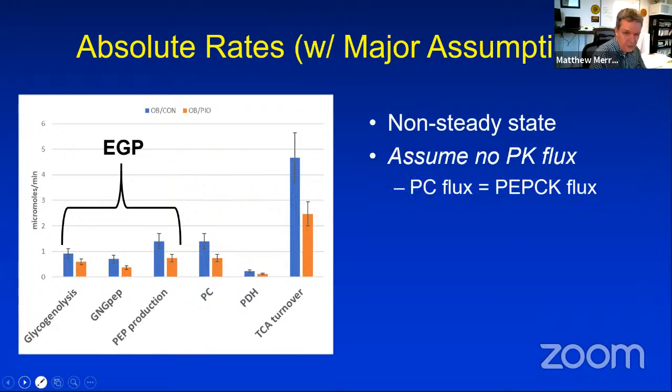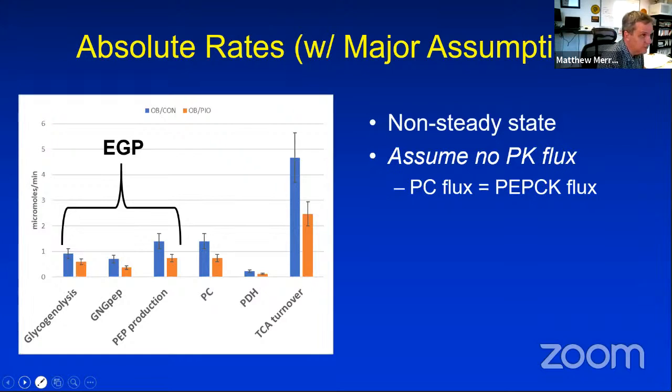So I'm going to assume there's no PK flux. Warning, that's a huge assumption. The reason I can't assert anything about PK flux in this situation is because this tracer does not lend itself in a non-steady state manner to making the estimates of PK flux by looking at relative ratios of some of the peak heights.